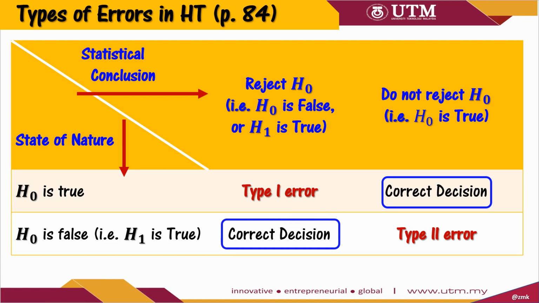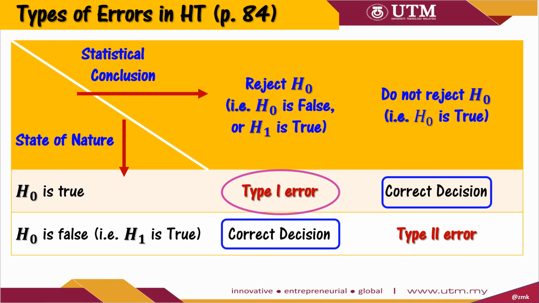However, if the state of nature H0 is true, but somehow we have evidence from the sample data to reject H0, here our conclusion does not tally with the state of nature, and we are then said to make a type 1 error, which is defined as rejecting H0 when H0 is true.